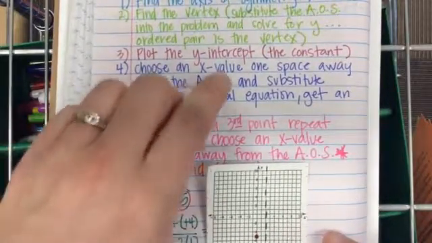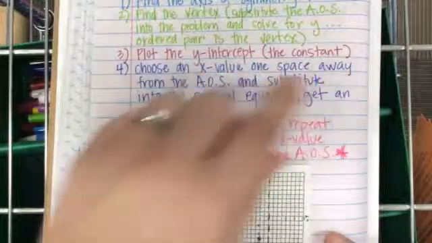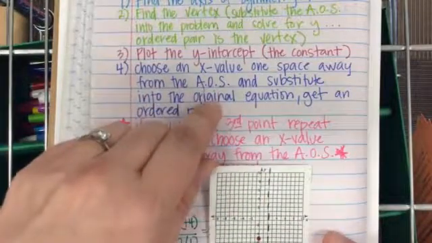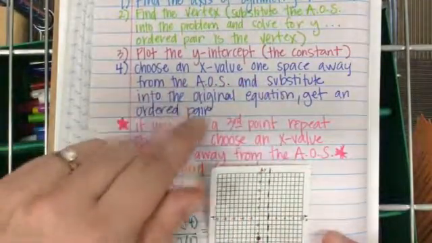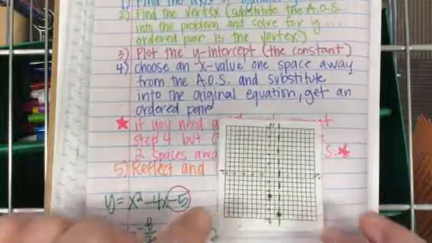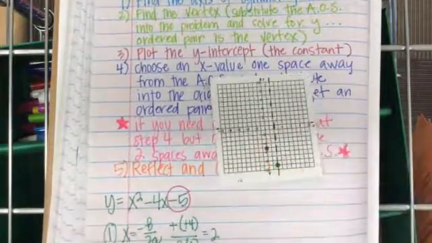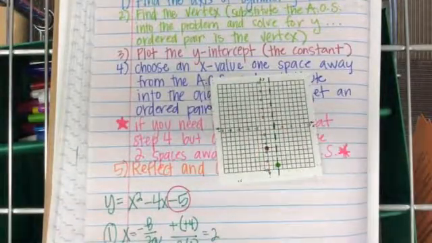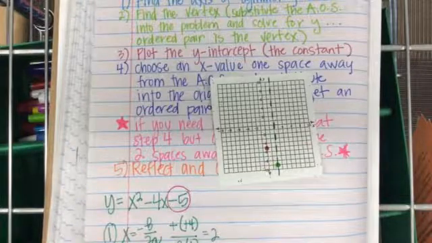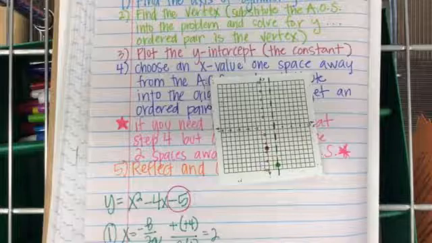Step 4, choose an x value one space away from the axis of symmetry. Substitute into the original equation to get an ordered pair. All right, so one space away from the axis of symmetry, what are my choices? 1 or 3. Let's go with 1.